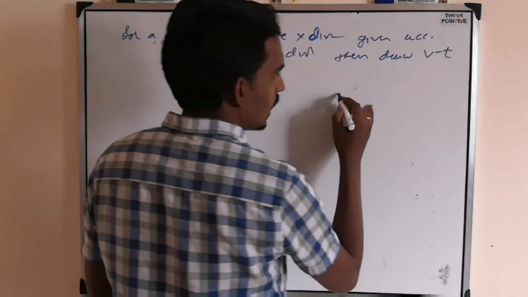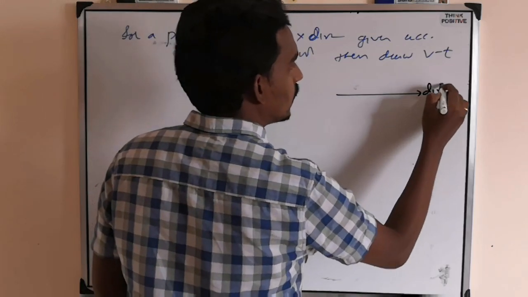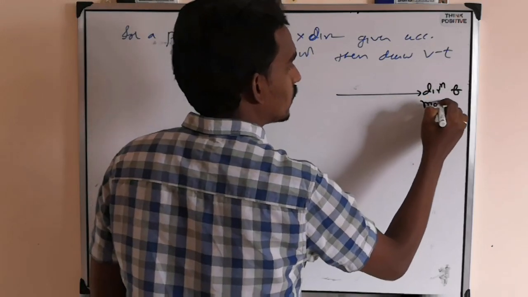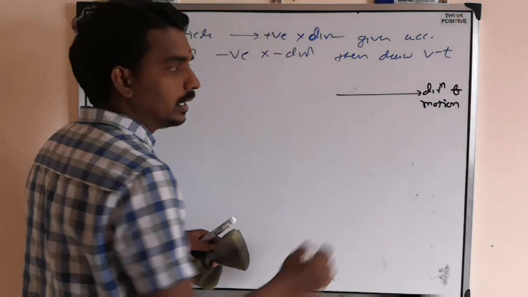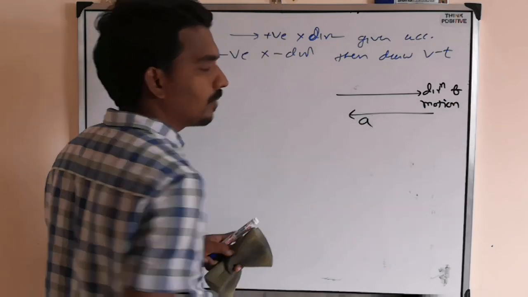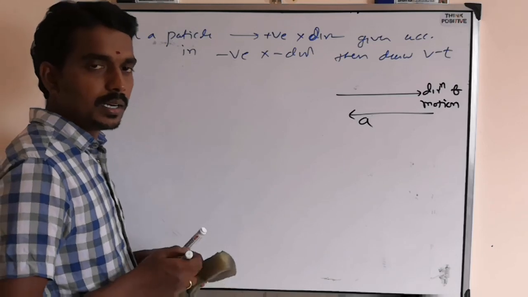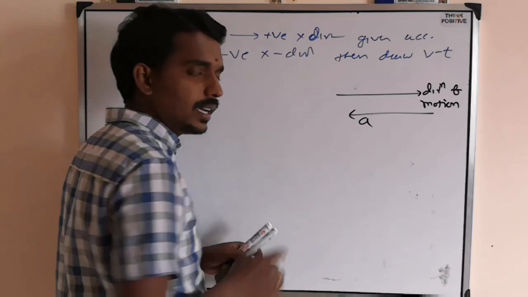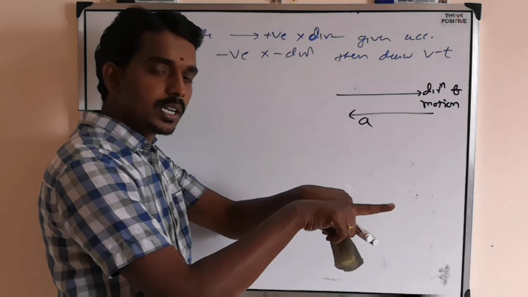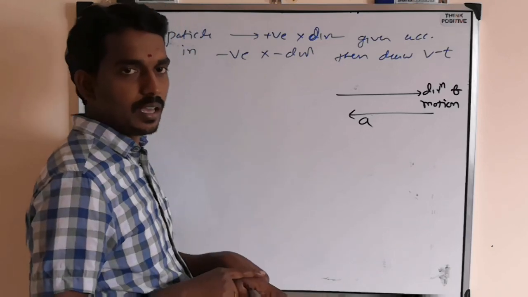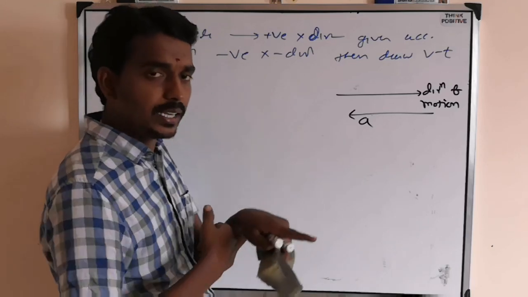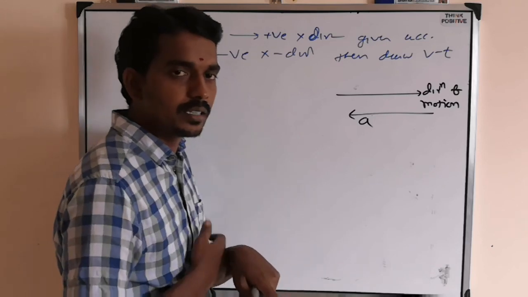So the situation is like this: this is the direction of motion, and this is the direction of acceleration. Acceleration in the direction of motion means positive. Acceleration in the opposite direction is negative.